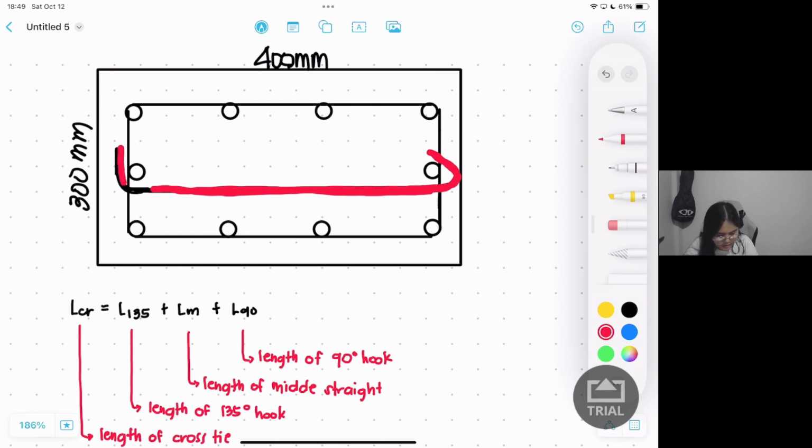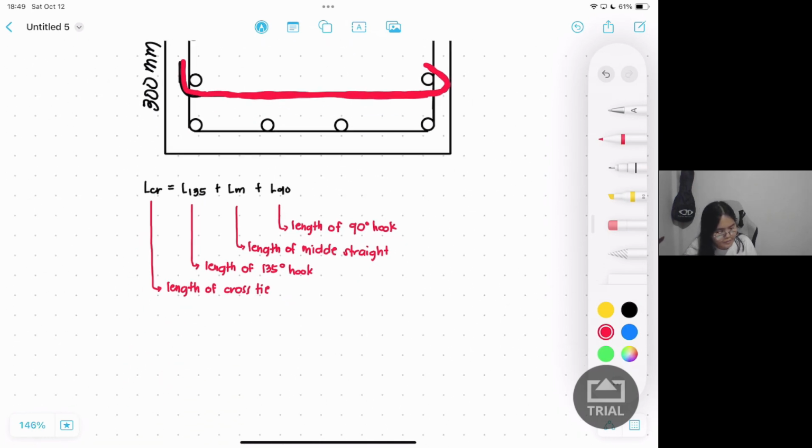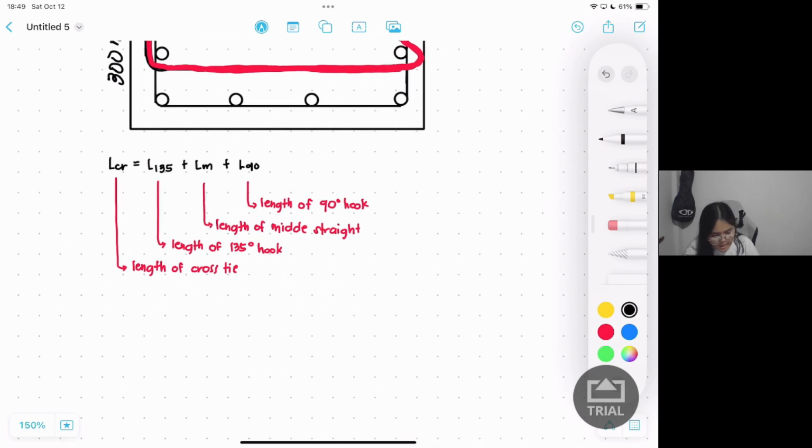Ito naman, yung nasa kabila. Okay? So, very straightforward lang yung formula nyo. Again, hindi nyo kailangang i-memorize. Okay? So, anong first step na gagawin natin? I-compute na lang muna natin yung length ni middle straight bar.